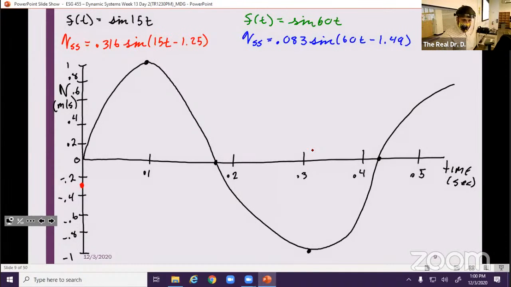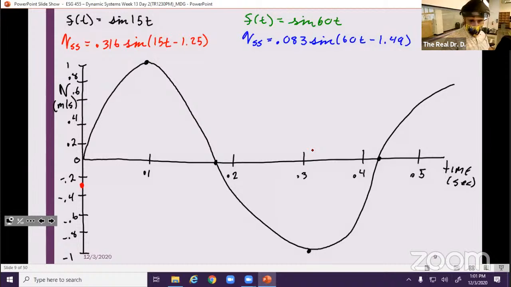I know that my maximum amplitude has to be what? Well, it has to be 0.316, right? So when does that happen? That happens when the term inside of the sine equals 0. When does that happen? That happens a bunch, right? But we can solve it a couple of times here, and we can say that the first time that happens is when 15t minus 1.25 is equal to 0. So whatever number that comes out to be, and it turns out that that's going to be around 0.2-ish.